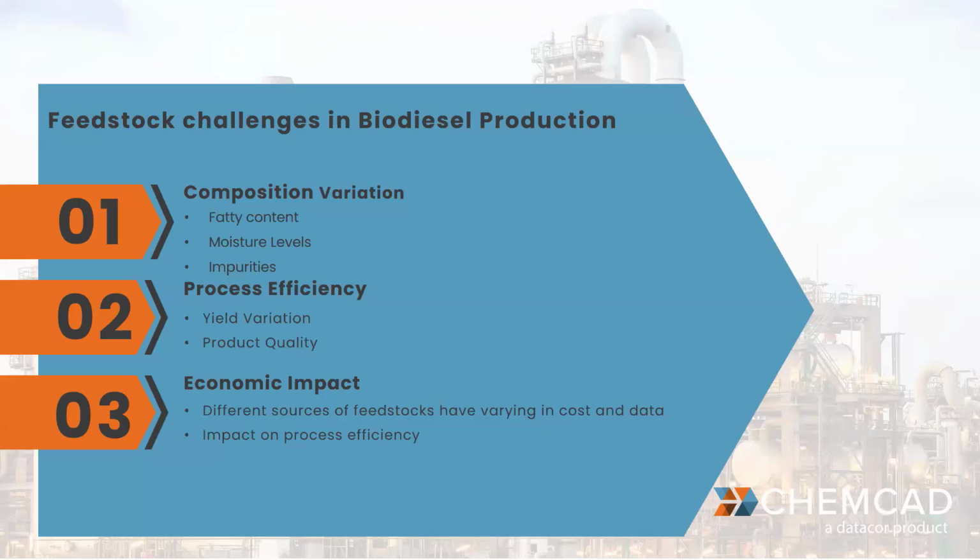Depending on your feedstock and your process, you may have different yield variation, so you will get a different percentage of recovery of the fatty acid methyl esters, or FAME, at the end of your process.